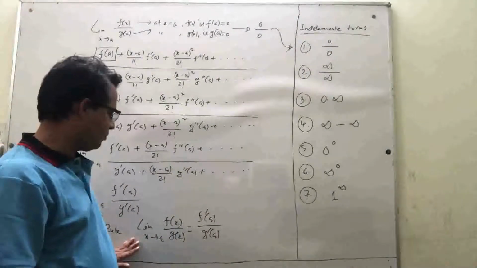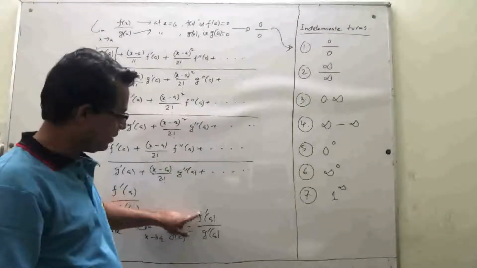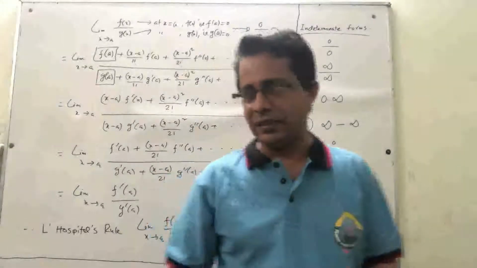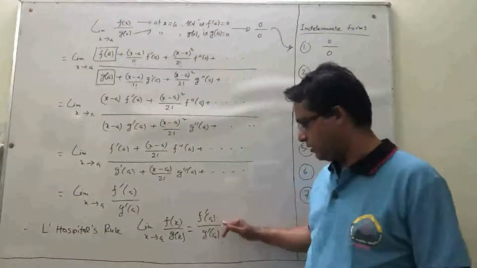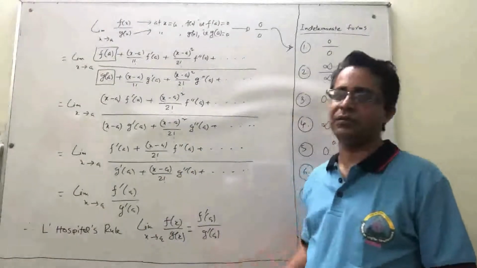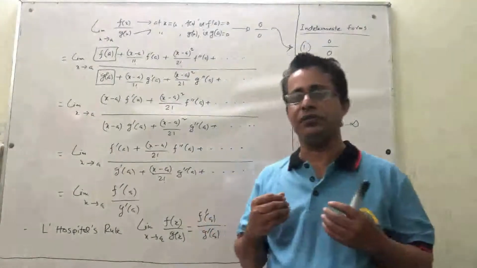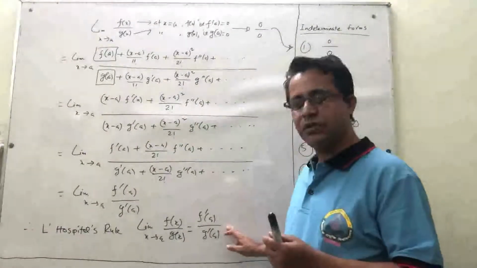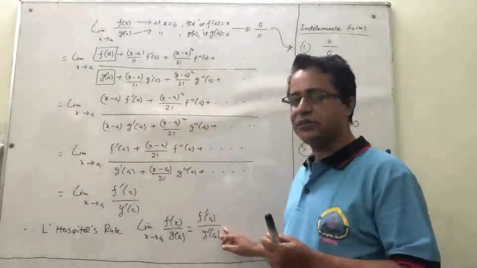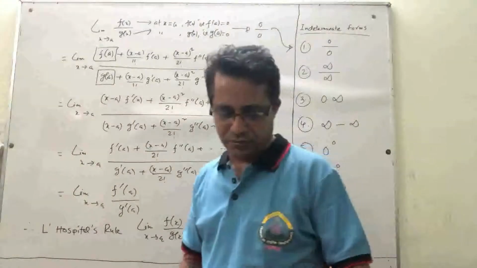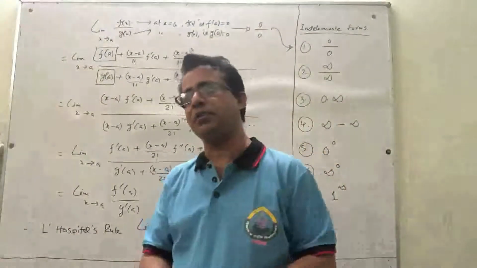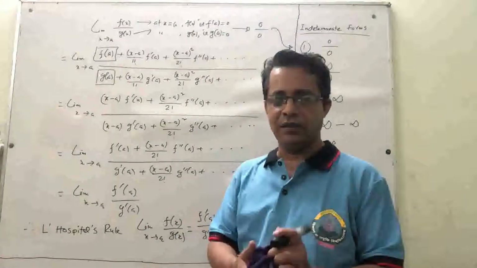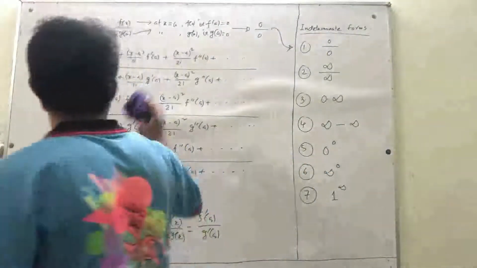This theorem is applicable if f derivative a and g derivative a both exist. If f derivative a and g derivative a do not exist, then we cannot follow this formula. So dear students, this is L'Hospital's rule for honors class students. So if we discuss the previous problem with L'Hospital's rule, then we will see what happens.